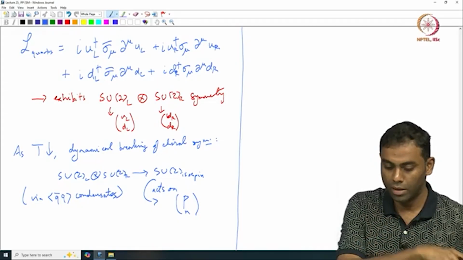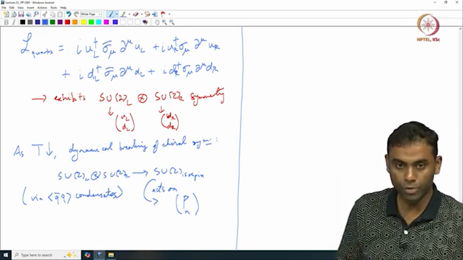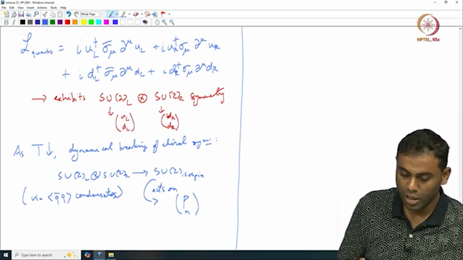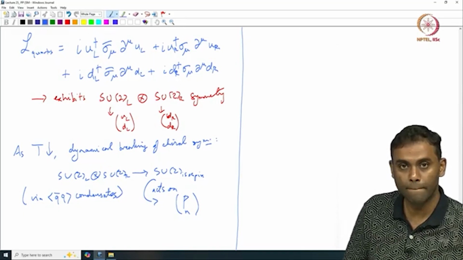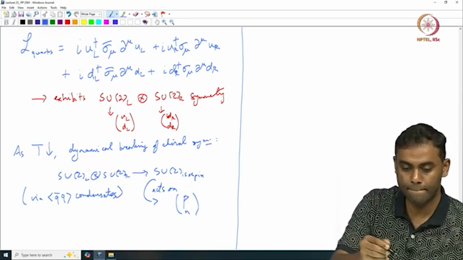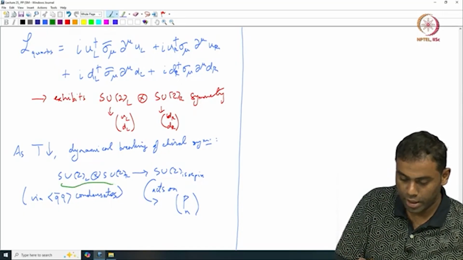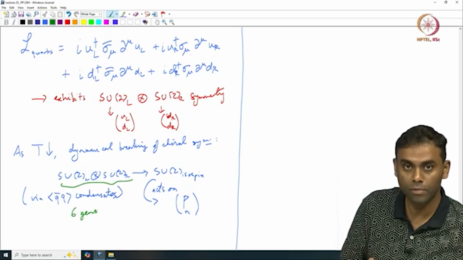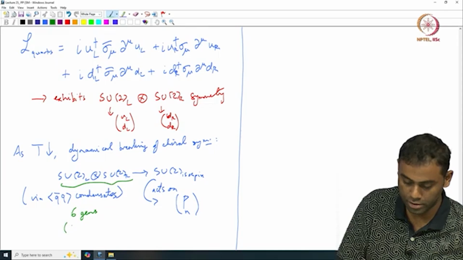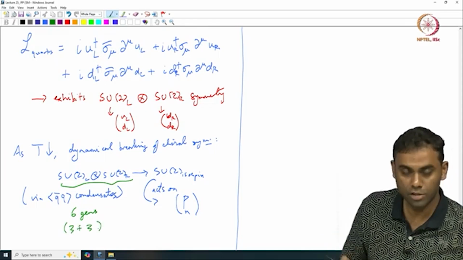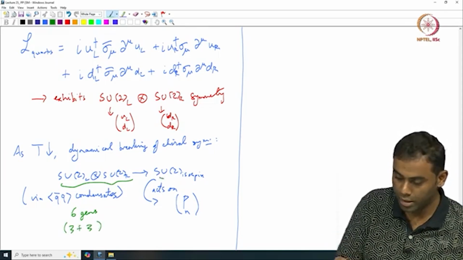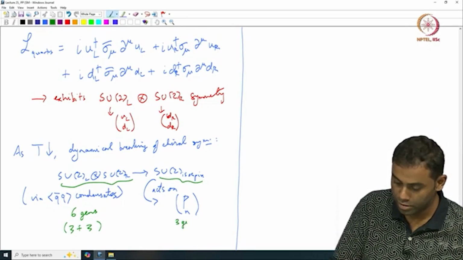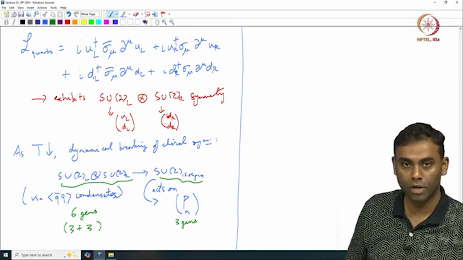Okay. So, that may be so, but relevant to our discussion is how many generators are broken here? Would you agree that I start with 6 generators? Why? SU(2) has 3 generators, right? So, I have 3 plus 3 generators, and in the end I end up with 3 generators, right?